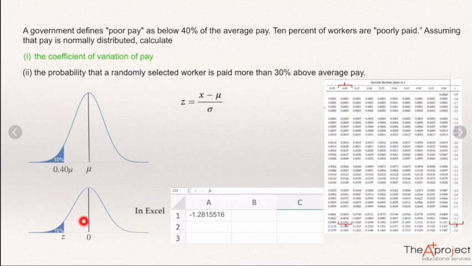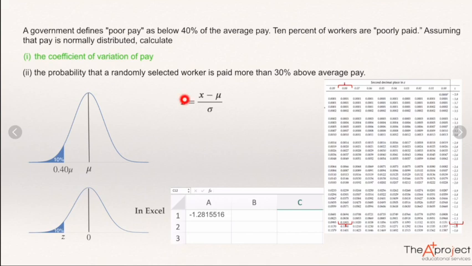In this type of table, you will look for 40%. If this is 10%, this will be 40% between z and 0. You can find the area corresponding to 0.40, and it will give you a value of z that will be positive, but you know that z will be negative in this case. Okay, anyway, we have the value of z.